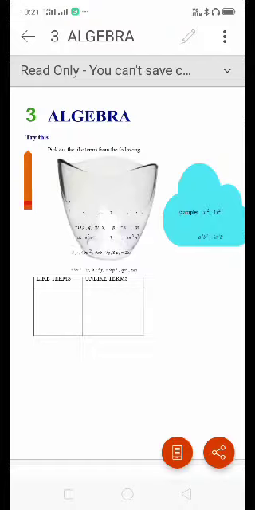Like this, if I tell you, you will suddenly say that these are variables, these are expressions, these are terms. Okay? Yes. These are parts of algebra.